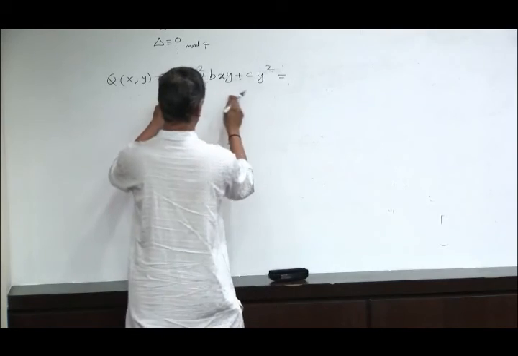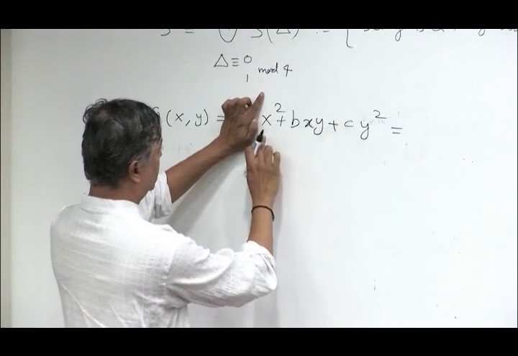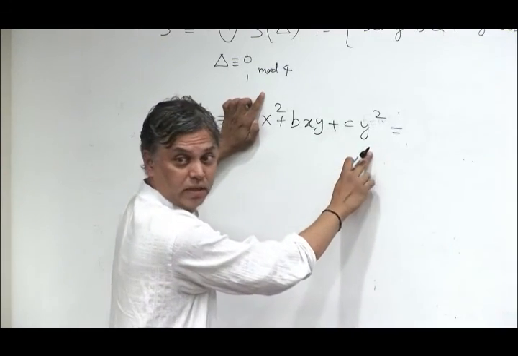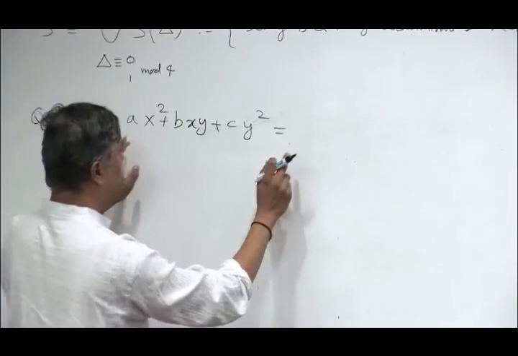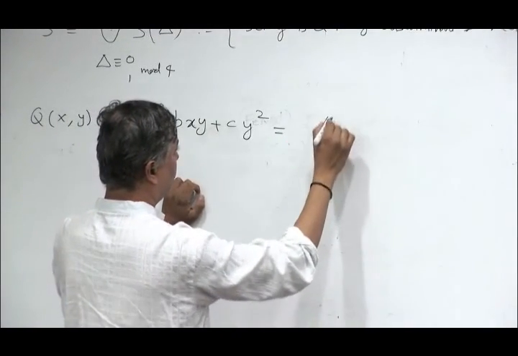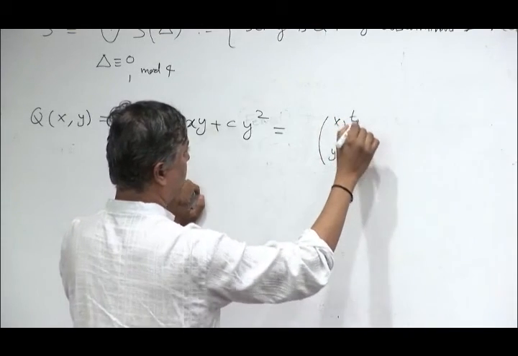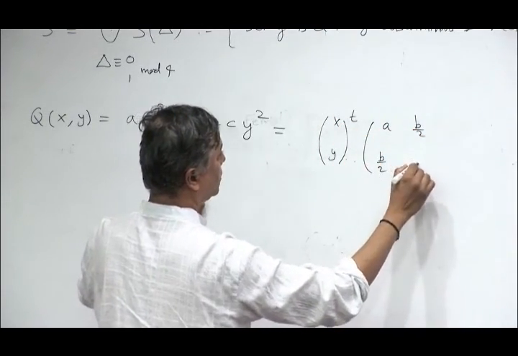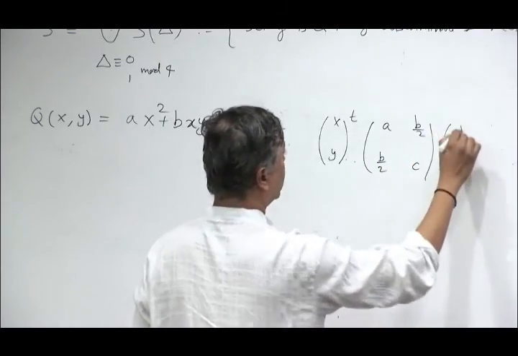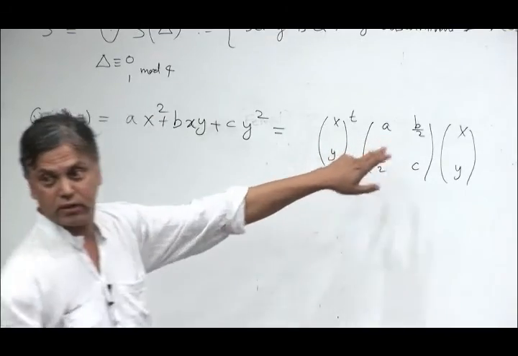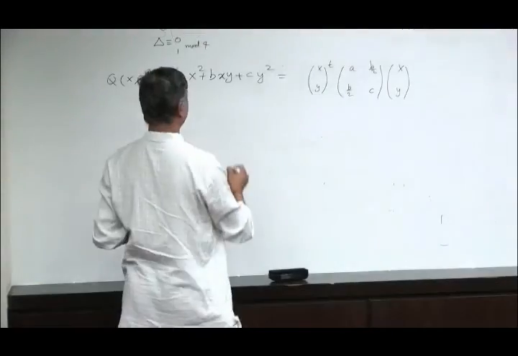Of course, it comes up in special relativity, if I take x square plus y square plus z square minus c w square, but for integers we are going to deal with two variables, and here is what we have. We can write it as (x y) transpose times the matrix with a, b over 2, b over 2, c times (x y). So (x y) is this column vector, this is the transpose of it, and this is the matrix that is associated to Q.